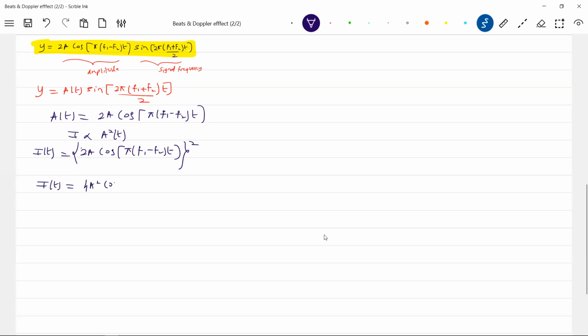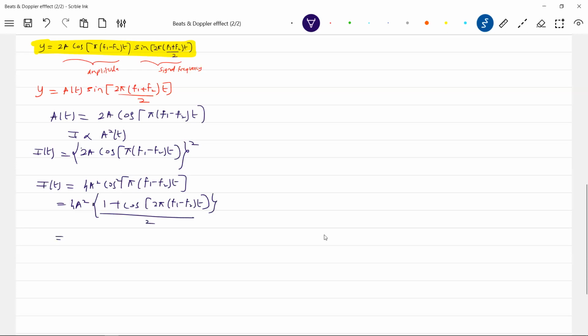4a square cos square, and cos square you can write as 1 plus cos 2 pi (f1 minus f2) t, this is the flower bracket, all divided by 2, no?